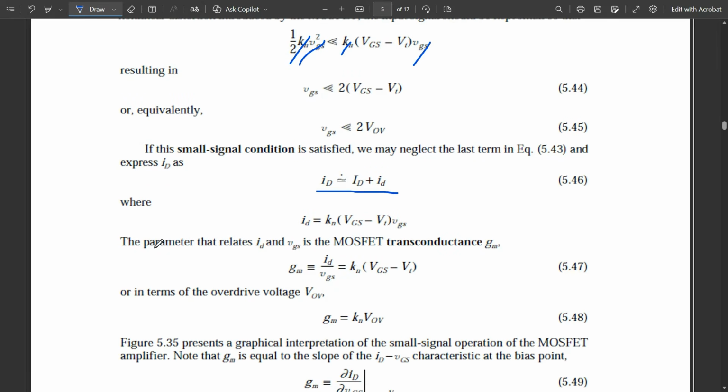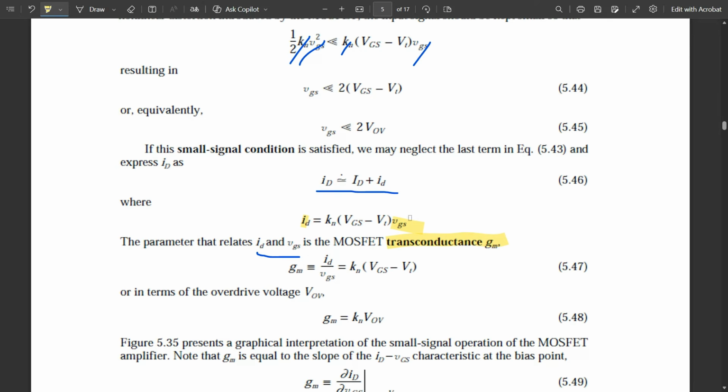Okay, so the parameter that relates id and vgs is the MOSFET transconductance. For the parameters which we get, id as well as vgs, we have one relation, and that relation is defined by transconductance or gm, which is given by gm is equal to id divided by vgs.